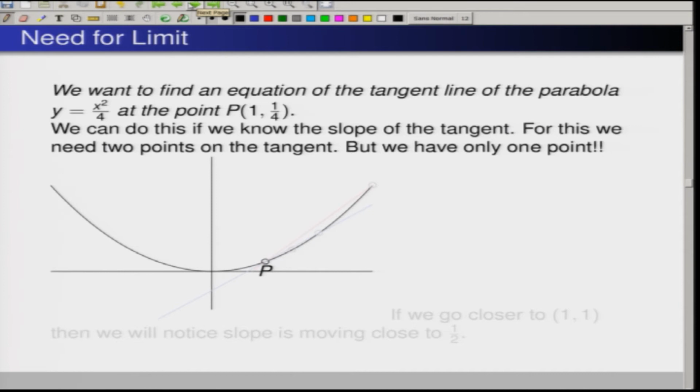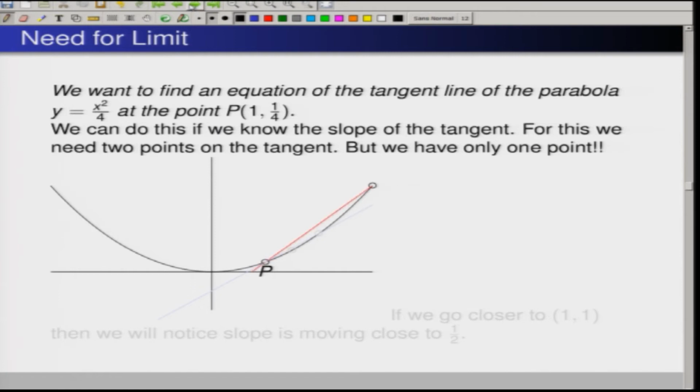Let us get the parabola, and here is the point P at which we would like to find the tangent passing through P. Now, we do not know any other point. So, what we do instead is take any point Q on the parabola.